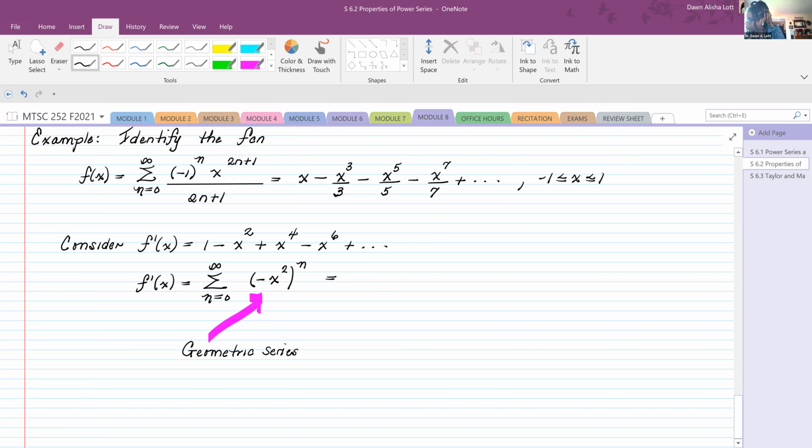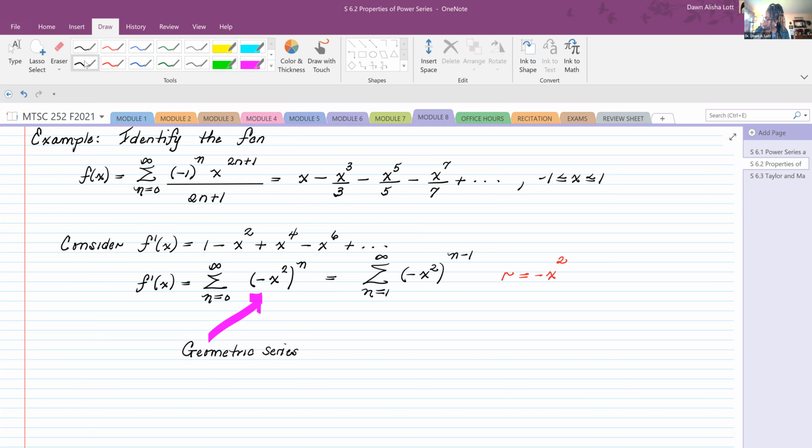So it looks like a geometric series to me, but I'm used to seeing a geometric series starting at 1 to infinity of minus x squared to the n minus 1. So now it looks definitely like a geometric series. If that's a geometric series, I know that r in this problem is negative x squared.